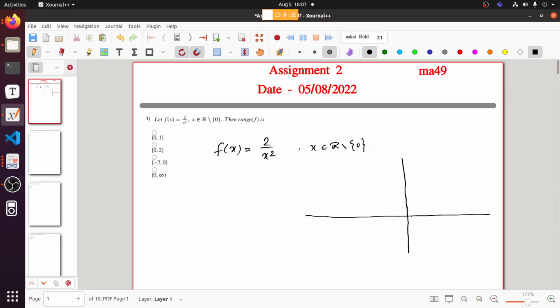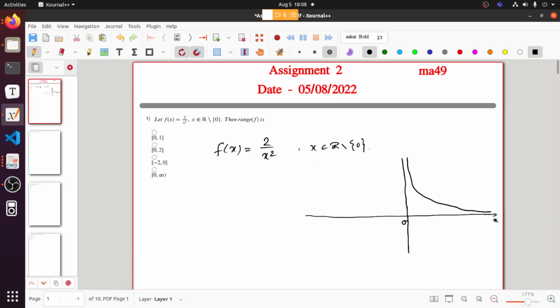When x is positive and very close to 0, what happens? As x tends to 0, this function goes to plus infinity, right? And what happens when x tends to infinity? This function goes to 0, so it will look like this, for x positive. So this is x, this is 0.